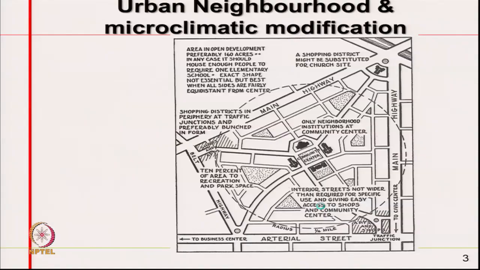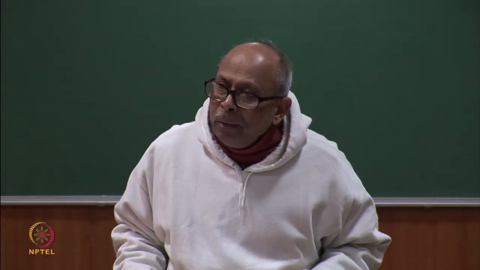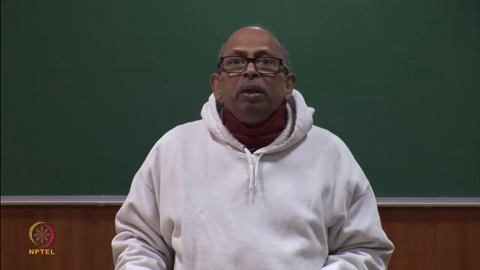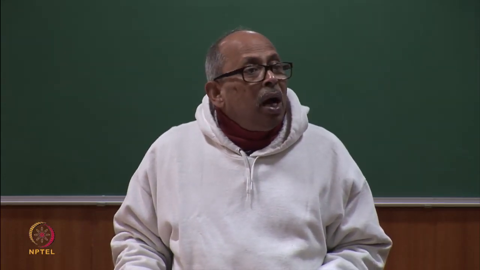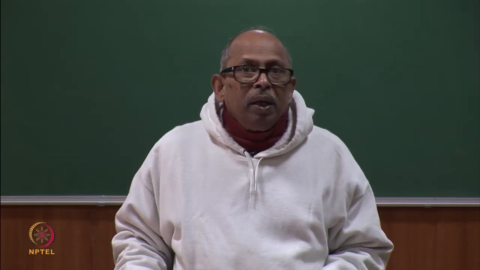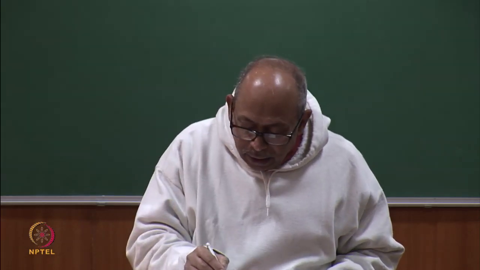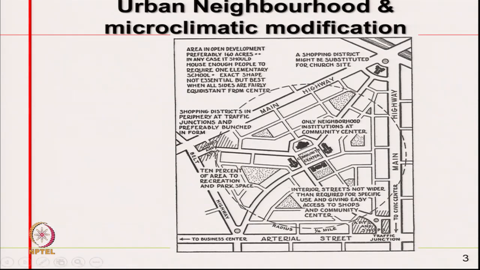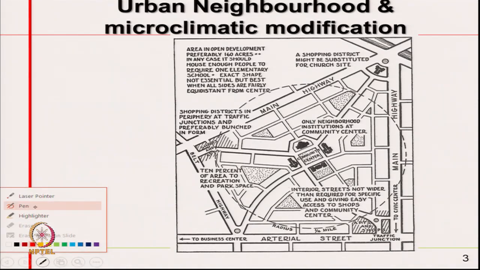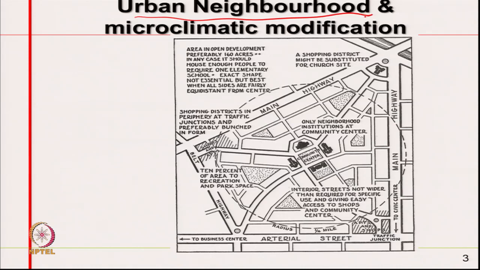For example, urban neighbourhood and microclimatic modification I will just mention, because as you may see in some other course related to functional planning of building. Functional planning of building starts from the urban planning stage itself, and the smallest unit of urban area for planning concepts is called a neighborhood.